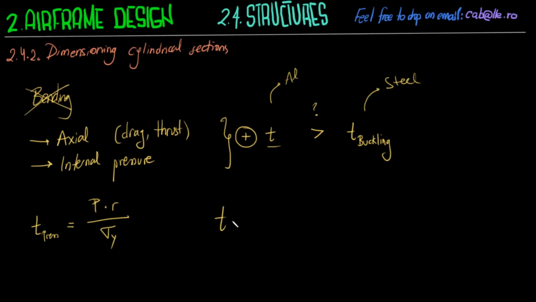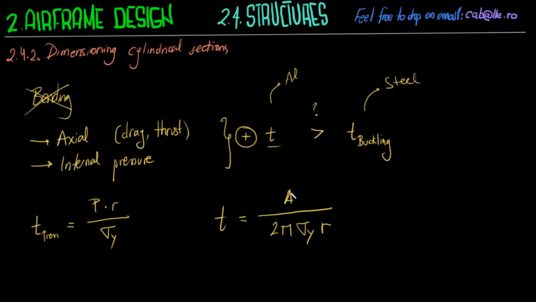So what about the actual loads? Well, the thickness required to withstand actual loads is, let's put an A, over 2 pi times yield strength and the radius.